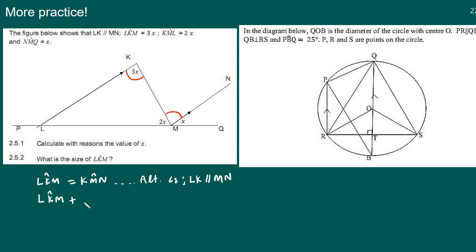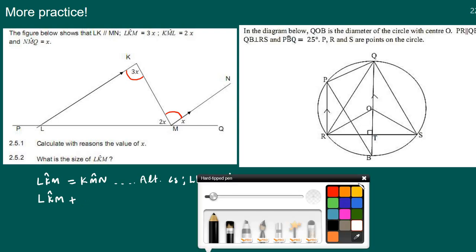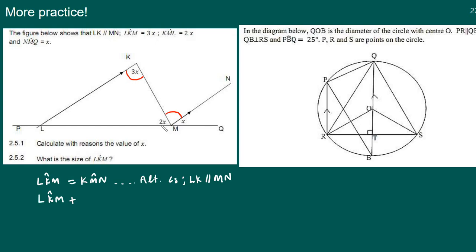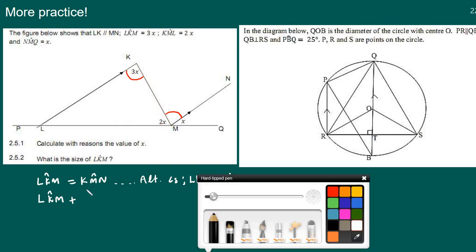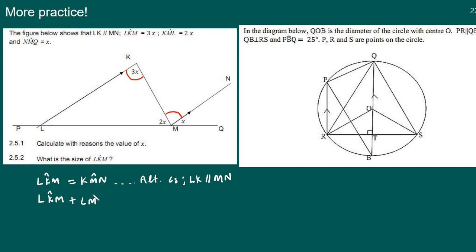How is it an angle if it doesn't have two sides? It must be formed by two sides. Look at the two sides forming the angle. I agree, it's this one. So can we say it's formed by KM and ML? Yes, LKM and LMK. When you add them, they give you 180.